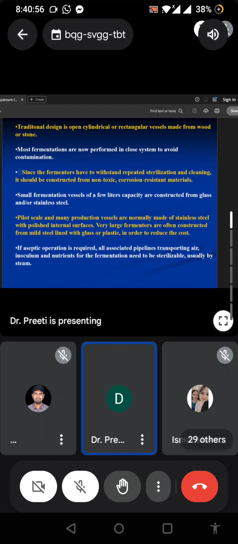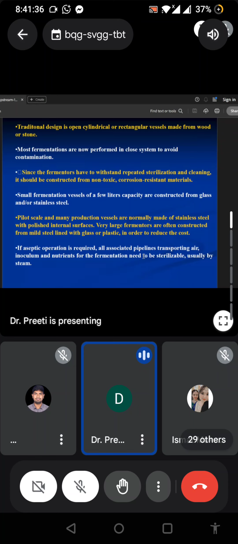Did you get it? Yes, ma'am. তো এখানেও কি বলা হচ্ছে, if aseptic operation is required, যে আমি পরে আর sterilization করছি না, all associated pipelines transporting air, inoculant nutrients for the media, etc., whatever, this should be sterilizable. Otherwise, পরে যদি আমি স্টিম দিয়ে স্টেরিলাইজ করতে চাই, টার্মিনাল স্টেরিলাইজেশন যদি পসিবল হয়, তাহলে এত প্রবলেম না। কিন্তু মোস্ট অফ দি কেসেস আমাদের এখানে দেখতে, আওয়ার প্রোডাক্ট বায়োটিক প্রোডাক্ট, this is not heat stable.